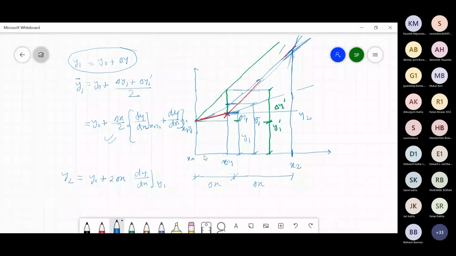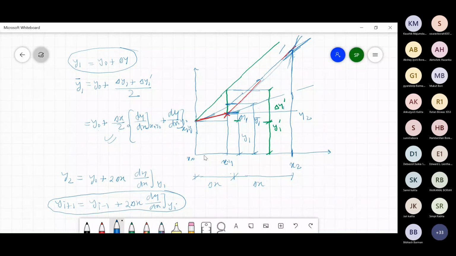That means in generalized form we can write y(i+1) is equal to y(i-1) plus 2 delta x dy by dx at yi. This generalized equation is not applicable in step 1. In step 1 you cannot apply it.